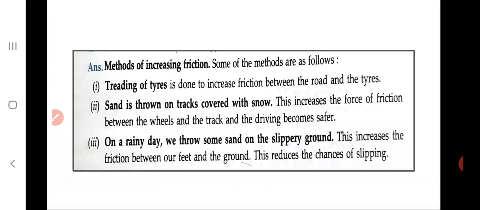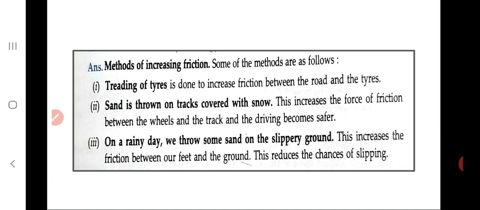Not only this, in the rainy season, in front of our house, where there is concrete, it may be slippery because of water. You might have experienced it. We may use bleaching powder for that.